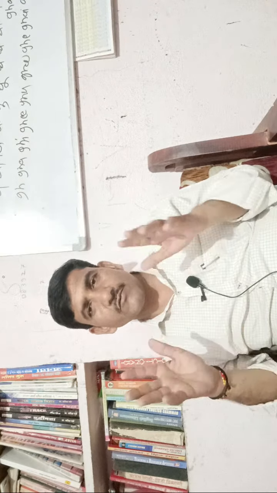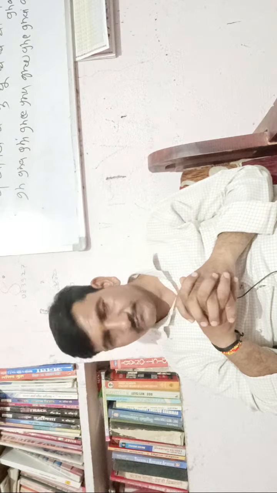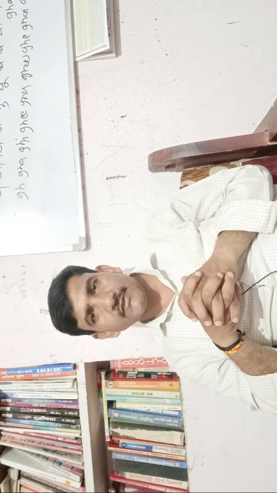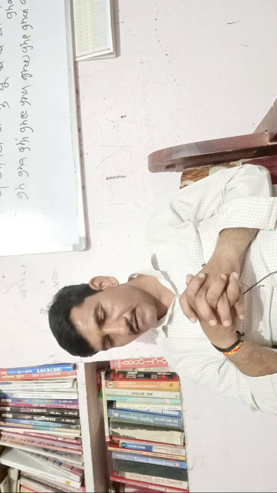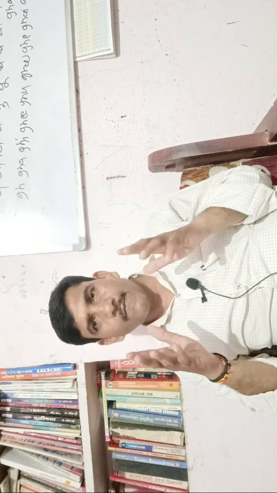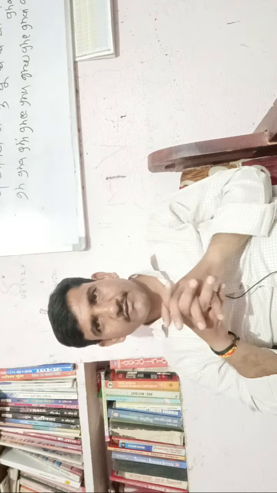So, in these two stanzas, the child in the poem is requesting his father about his walk. He is walking very fast, not slowly, and the child is making a request to his father to walk slowly, not fast. That is the concept.